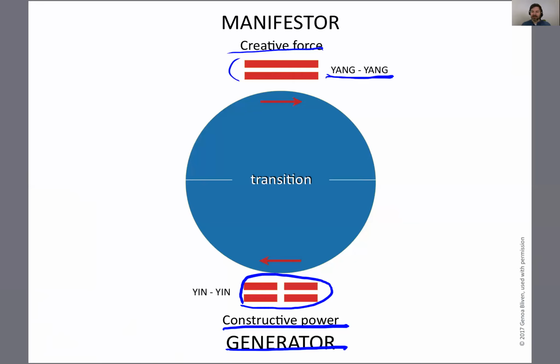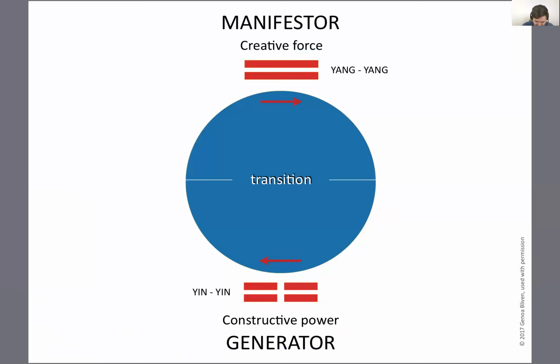And this creative force, you can also see it in a way as the impulse from the unmanifested plane, from the causal plane, where the manifestors are downloading something new into the world, into existence, and generators have the capacity to take it into themselves, take this impulse.